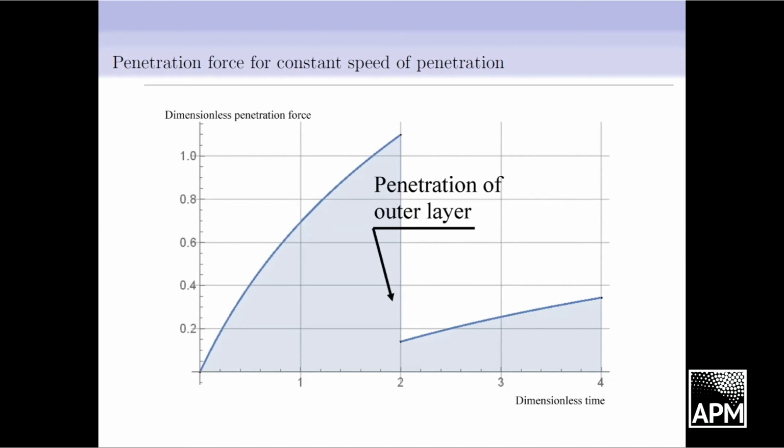Here you can see some results, and we model here the penetration of the needle into a two-layer soft tissue. After penetration of the outer layer, the force reduces to some value, and then it evolves also in time. Here you can see on the vertical axis the dimensional penetration force, and the horizontal axis denotes dimensionless time.